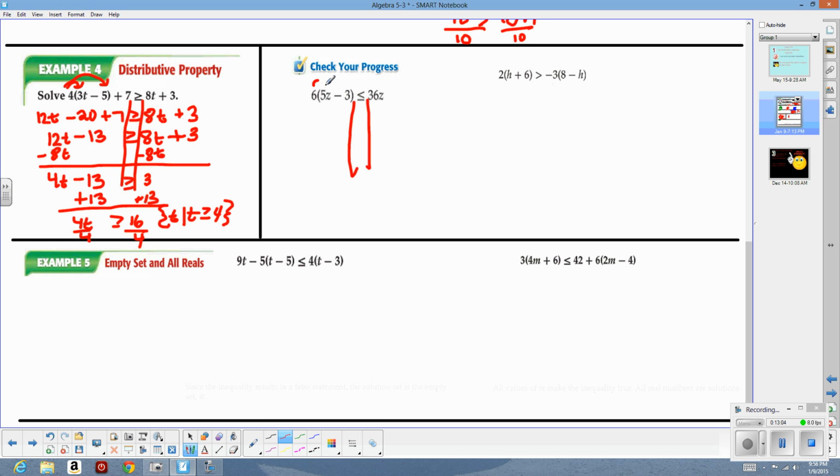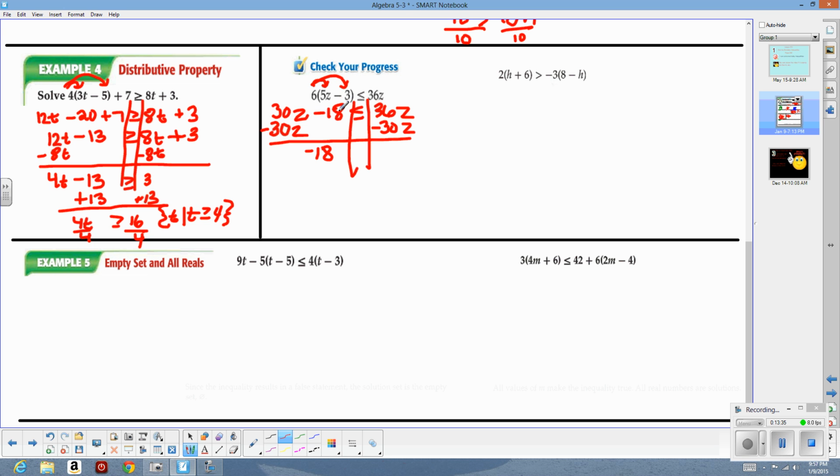Distributive property first. 6 times 5z is 30z. 6 times negative 3 is negative 18, so minus 18 is less than or equal to 36z. Now, since I only have z's on this side, I would probably get rid of the 30z. We end up with a negative 18.